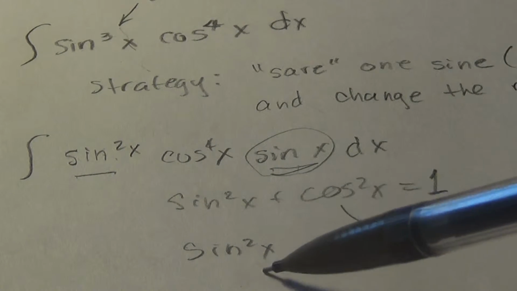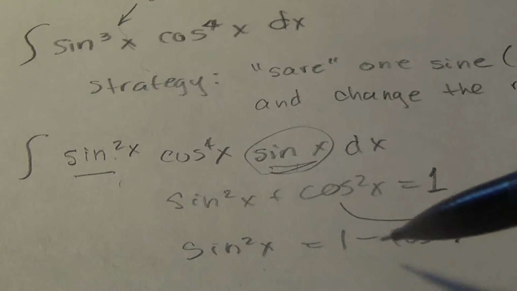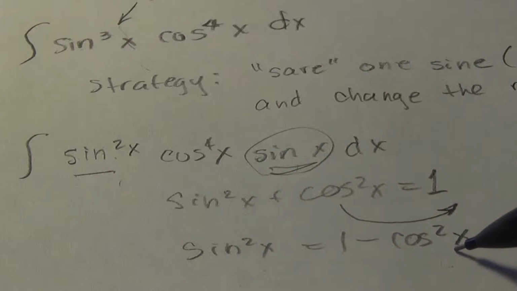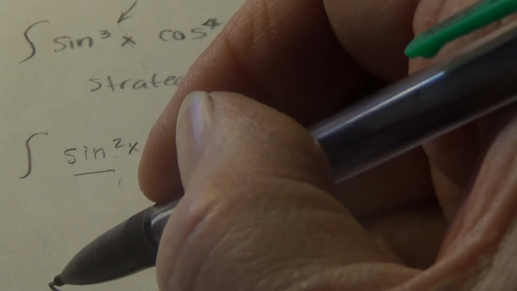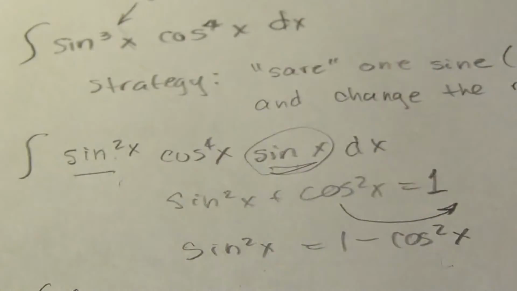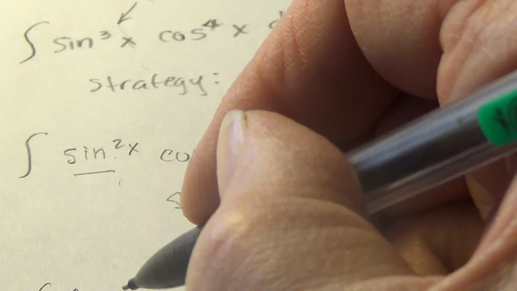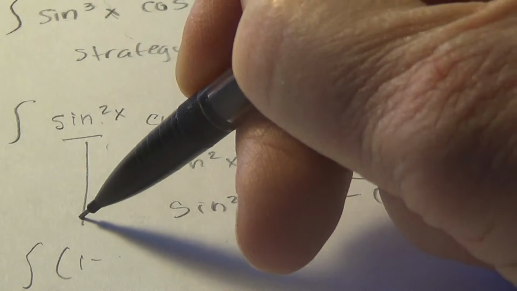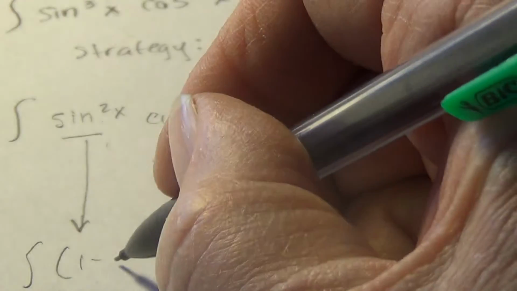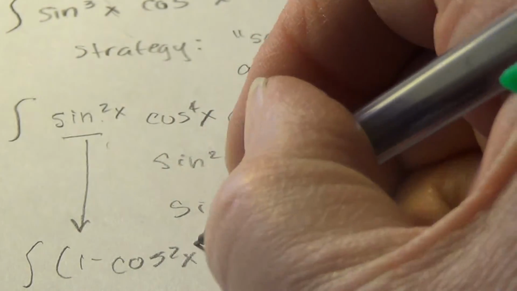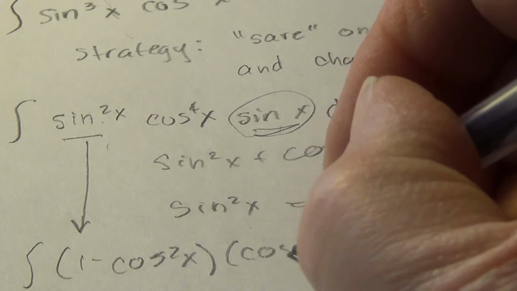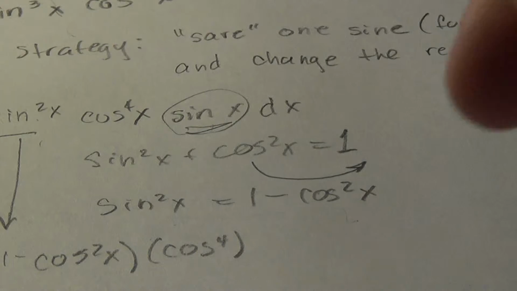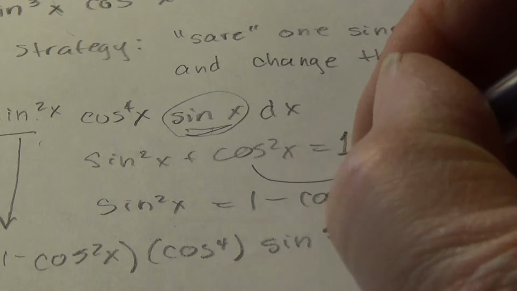So everywhere there's a sine squared x, I can replace it with a 1 minus cosine squared x. And then I have followed my strategy to change everything to cosine except that one sine. So my sine squared has become 1 minus cosine squared. Then I already have a cosine to the fourth in the problem, and there follows that one sine that I saved.